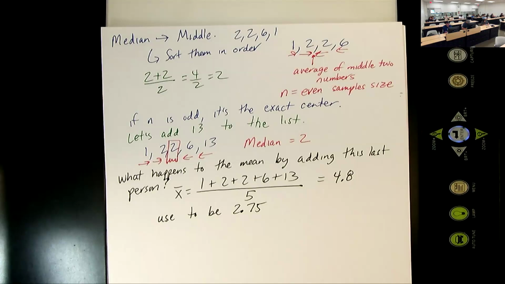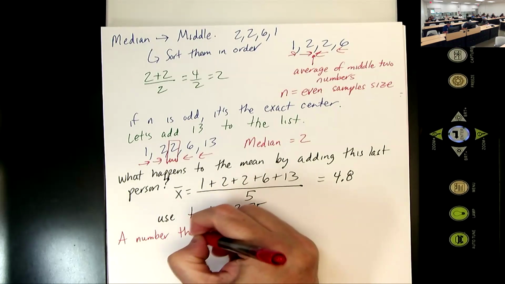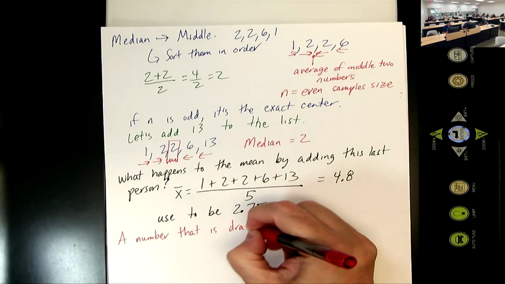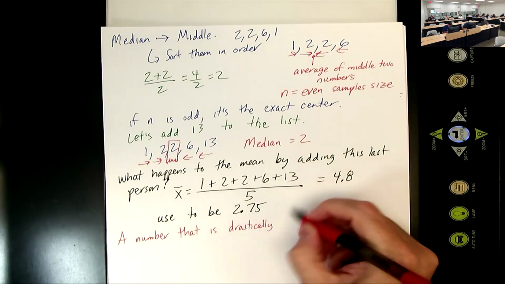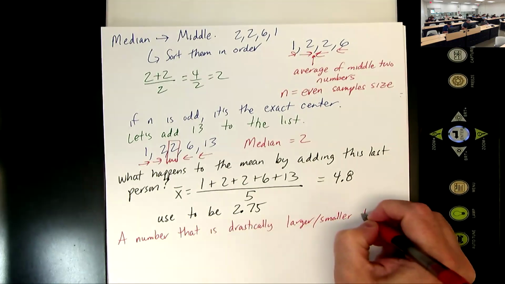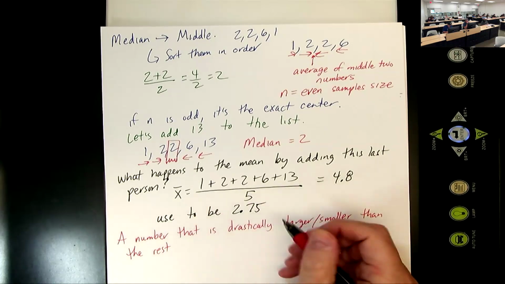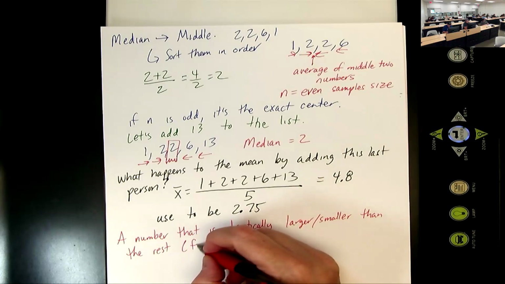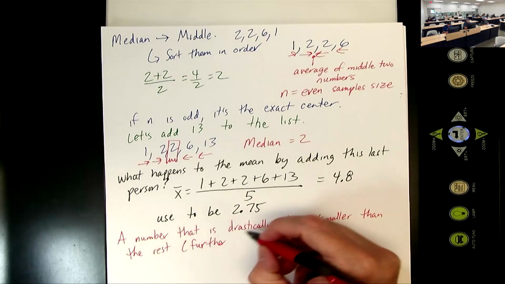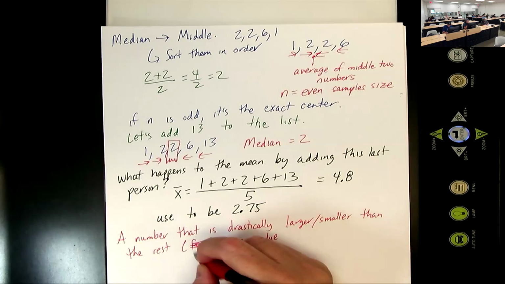So this actually illustrates two ideas at the same time. A number that is vastly or drastically larger or smaller than the rest. We could say further in value, either direction. Further in value by a lot. Or different in value, there we go, I like that better.